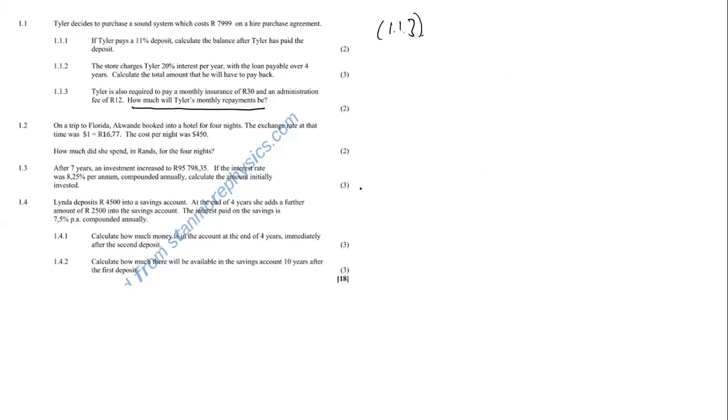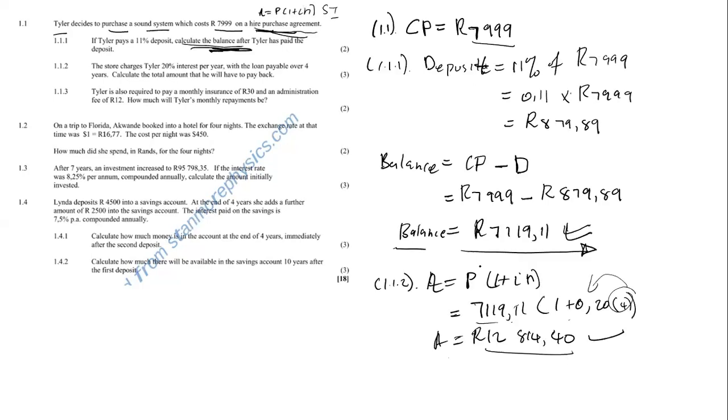Now remember, this is simple interest, right? So now this is what we are going to do. To get the monthly payment, we're going to check: he's going to pay over 4 years.